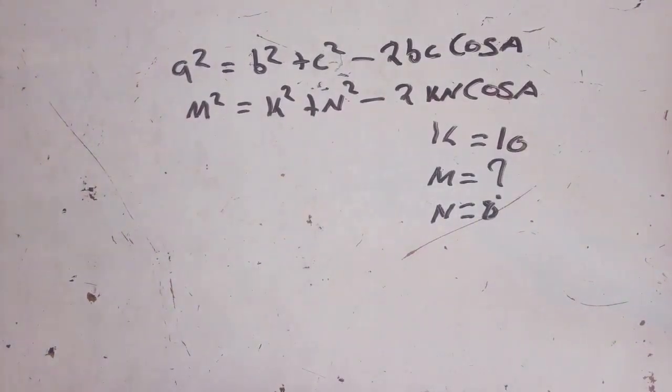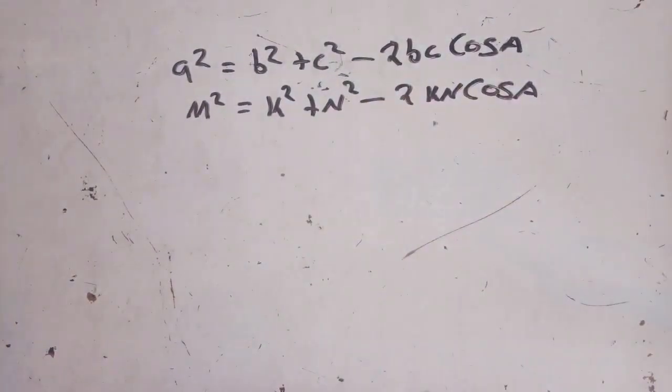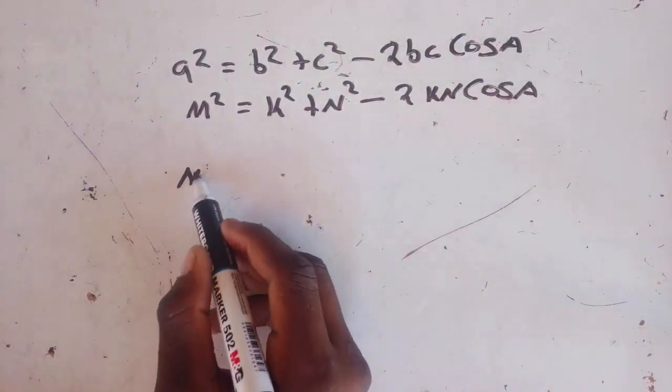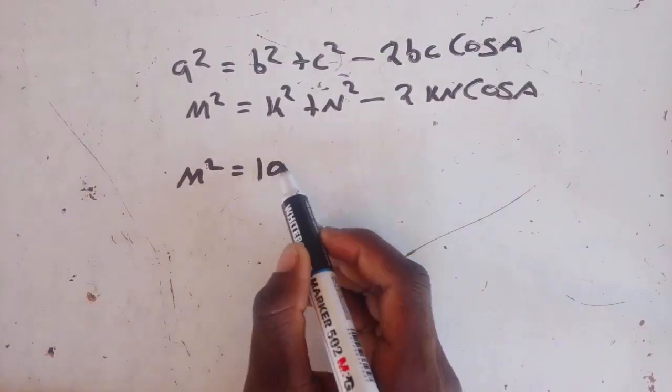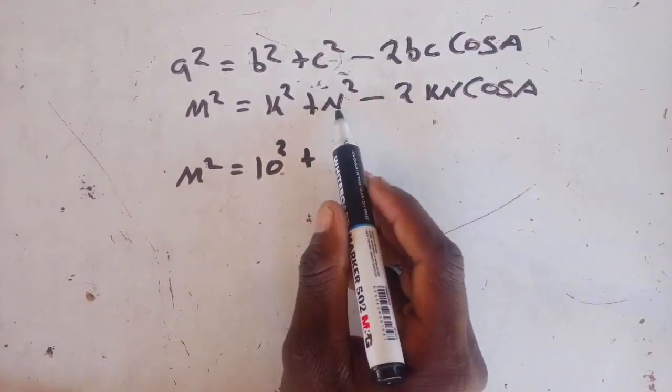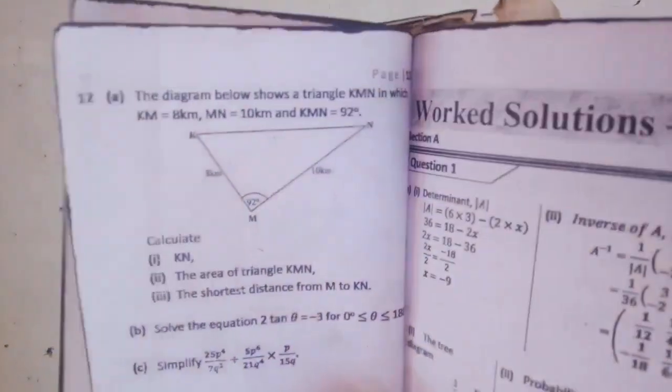So we said that our M is X because we don't know our M. That's what we are finding. So I'm going to start: M squared is equal to our K. We said that K is 10, we wrote our data. So 10 squared plus our N. N we said is 8 kilometers according to our question.